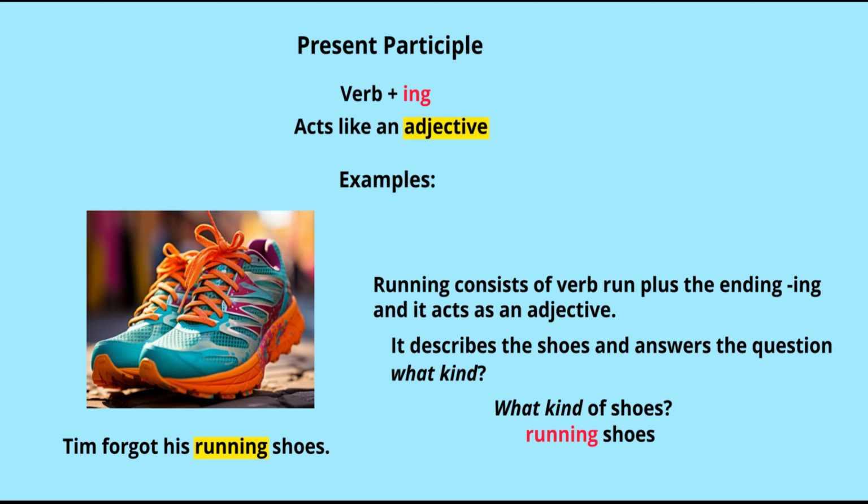Running consists of the verb run plus the ending ing, and it acts as an adjective. It describes the shoes and answers the question what kind? What kind of shoes? Running shoes.